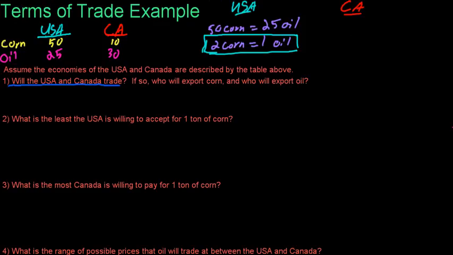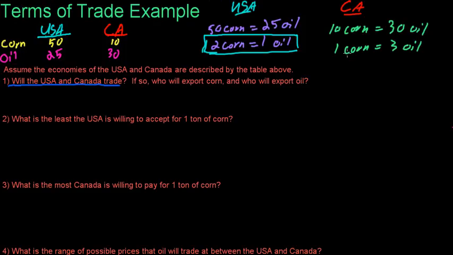We have 10 corn is equal to 30 oil. Or in other words, 1 corn is equal to 3 units of oil. So 1 ton of corn is equal to 3 million barrels of oil. So Canada has to sacrifice 3 million barrels of oil to produce 1 ton of corn.